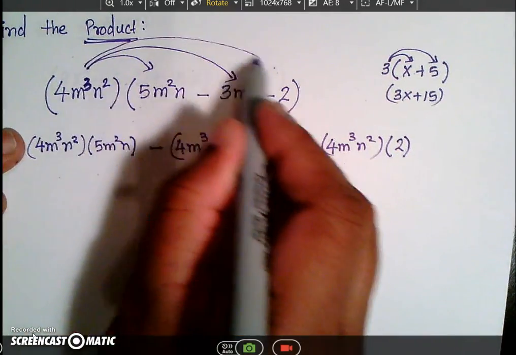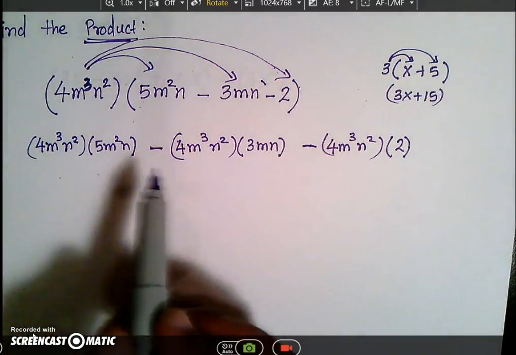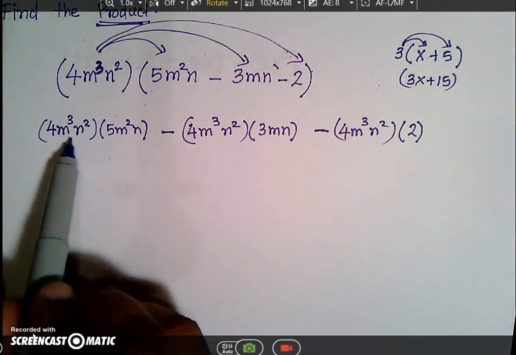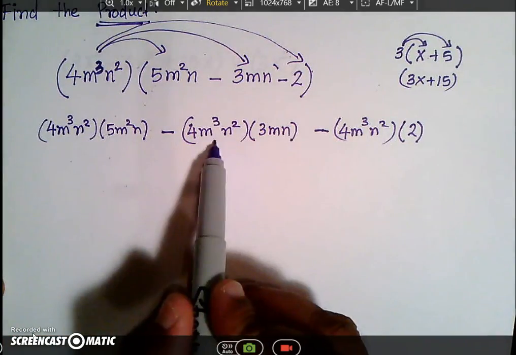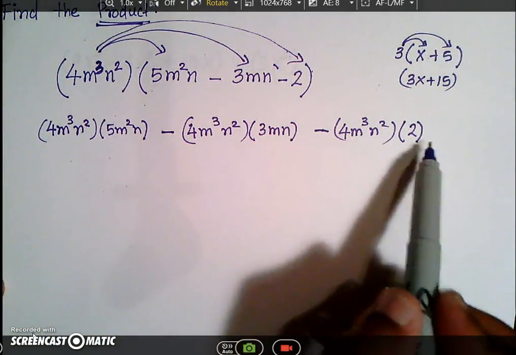Alright, so I'm just distributing the monomial to all three of them. So now as you can see, this is monomial times monomial, this is also monomial times monomial, monomial times monomial.